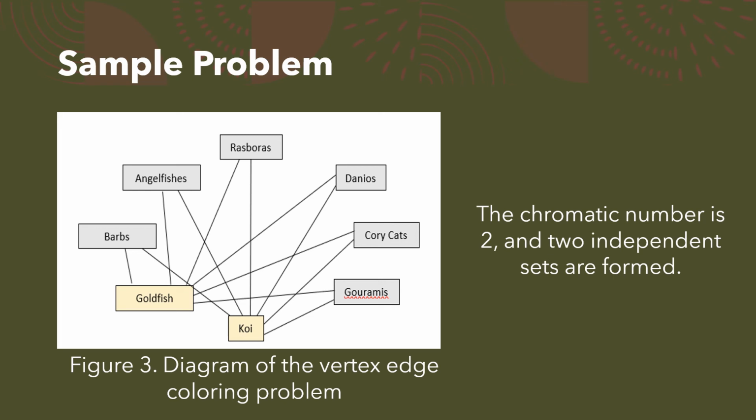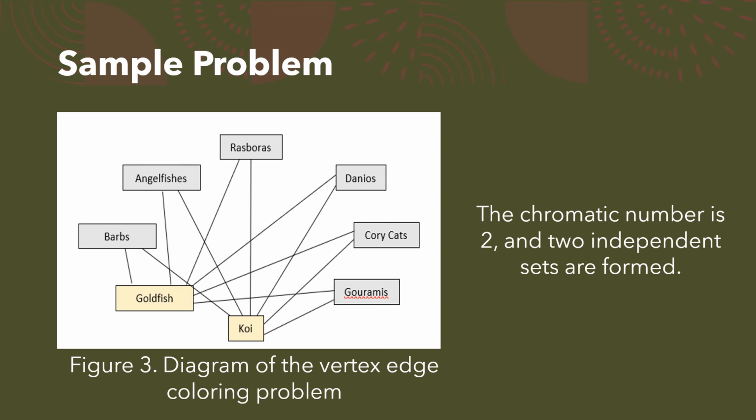Since goldfish and koi are not adjacent, they are both colored yellow. On the other hand, all other species of fishes that are adjacent to them but are not adjacent to one another are colored gray. This results to a chromatic number of 2, which represents the minimum number of tanks needed.